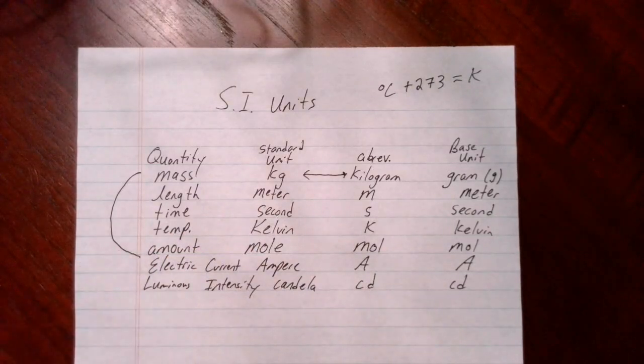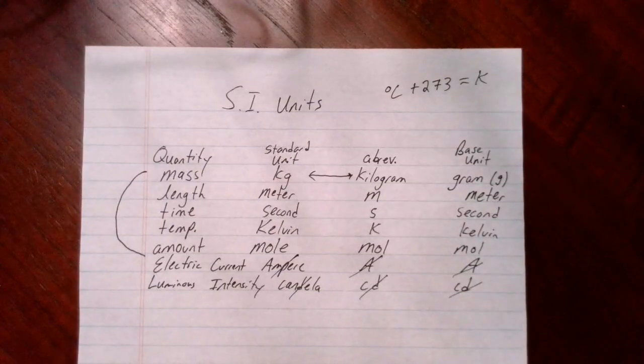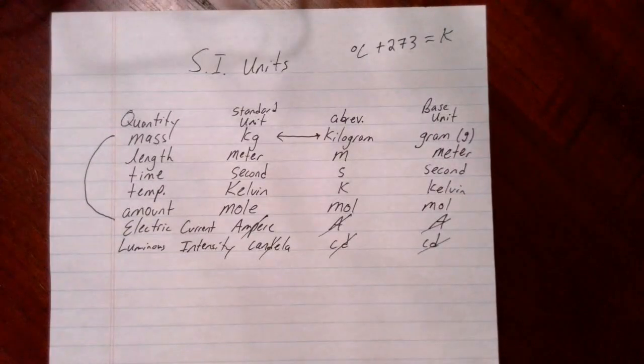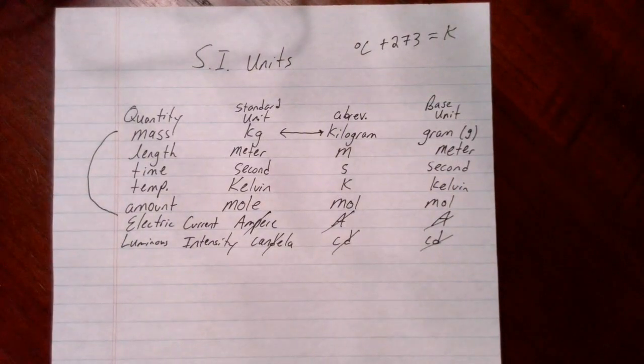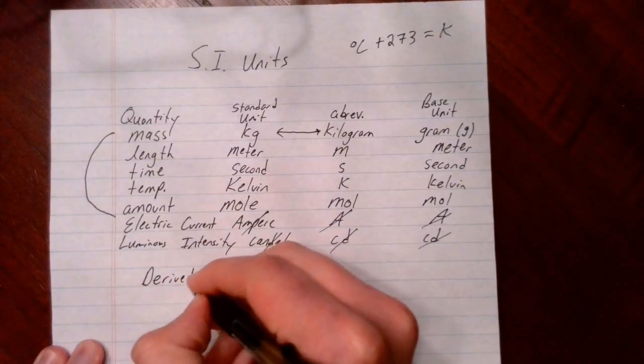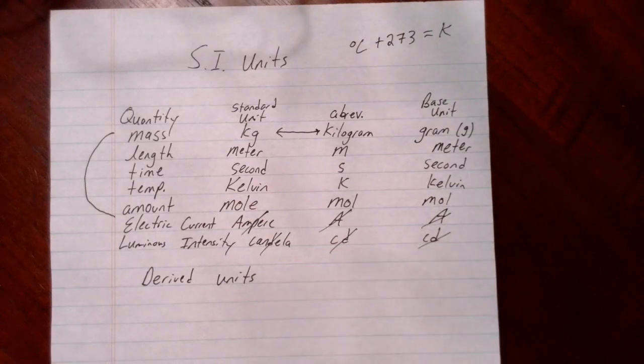So those are the units in the SI system that we'll use. But there are other SI units. These are called derived units. Derived units are units that are created by combining other units. Think about something like velocity.